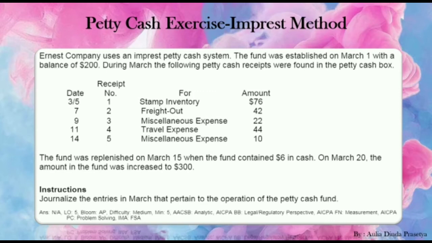The fourth transaction is on 11 March for travel expense amounting to $44. And the last one is on 14 March for miscellaneous expense amounting to $10. The fund was replenished on March 15 when the fund contained $6 in cash.